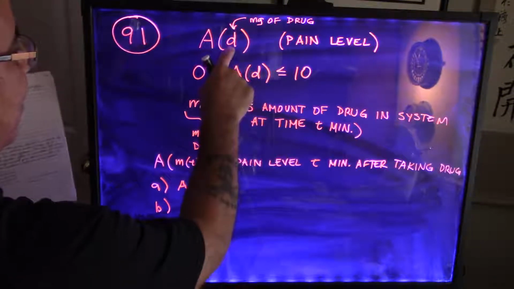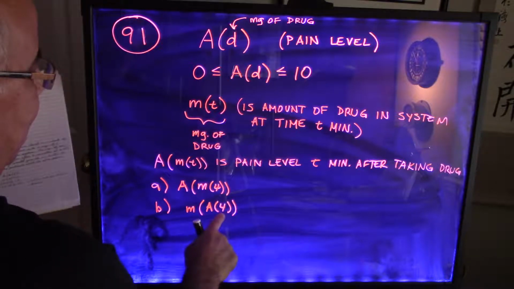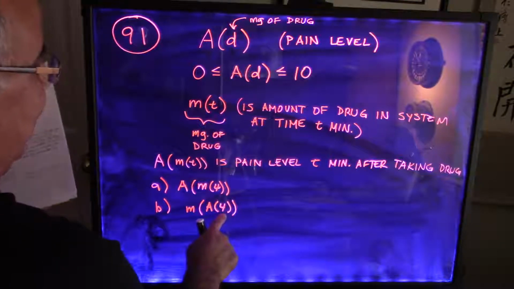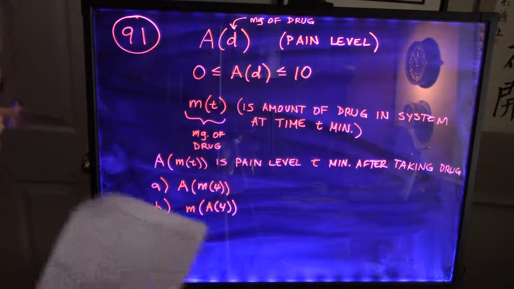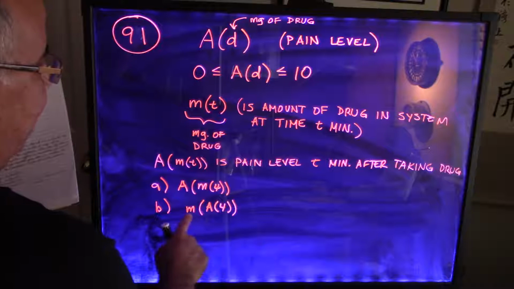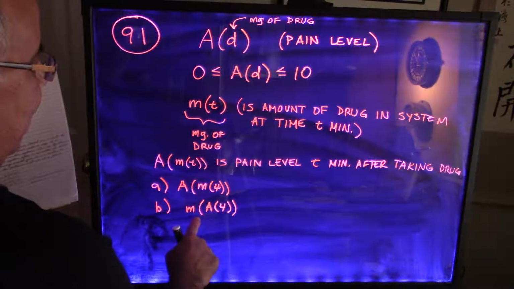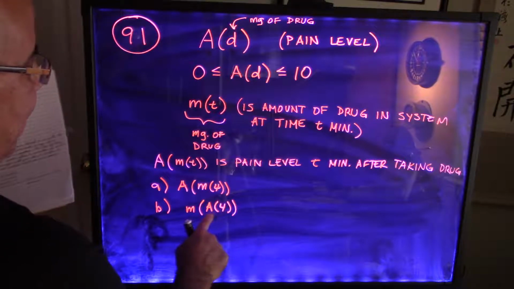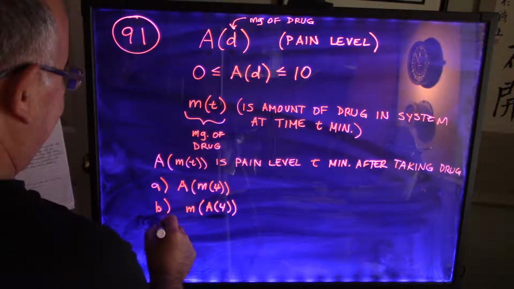You're supposed to plug in a milligram here, and A will give you the pain level. But you're using the pain level as the milligrams, which doesn't quite work. So A of 4 gives you a pain level, but M again takes time in minutes after you take the drug. It won't give you a time. So this is no good.